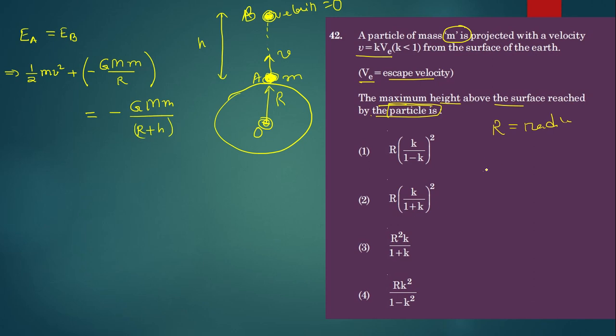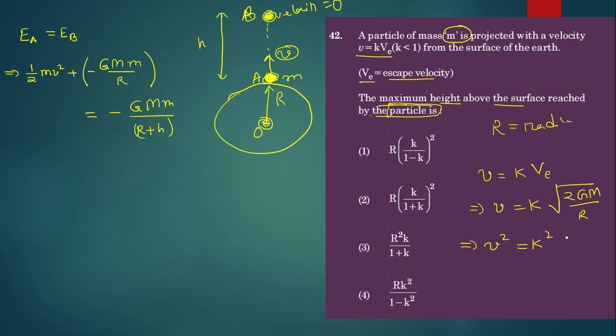Now, the projection velocity mentioned here, according to the question, is equal to k multiplied by v_e. And this v_e is nothing but the escape velocity of Earth. So escape velocity is square root of 2GM divided by R. At this moment, I assume that you remember this.